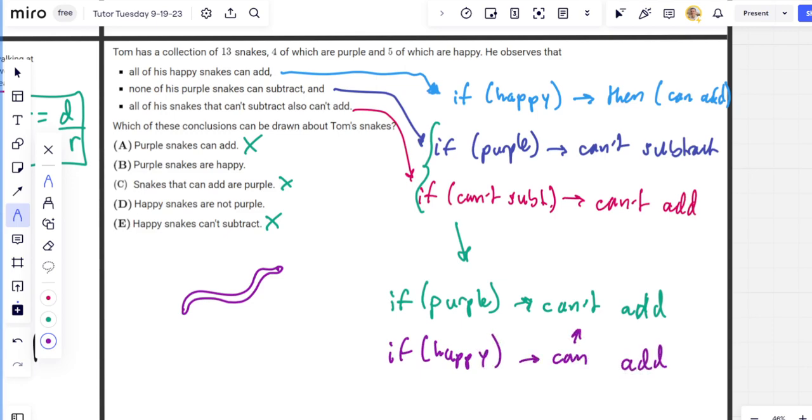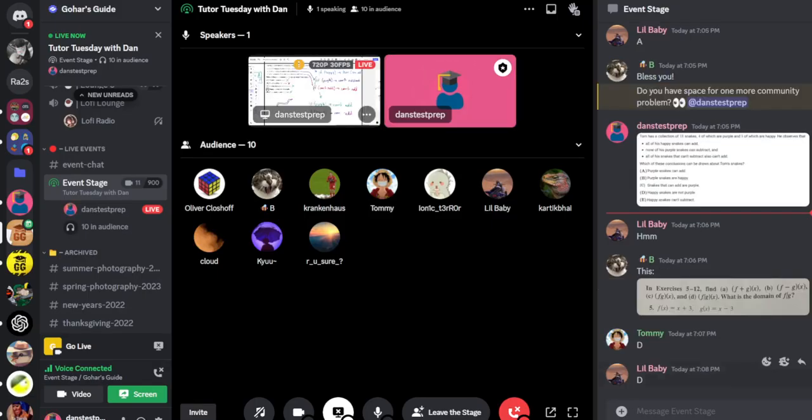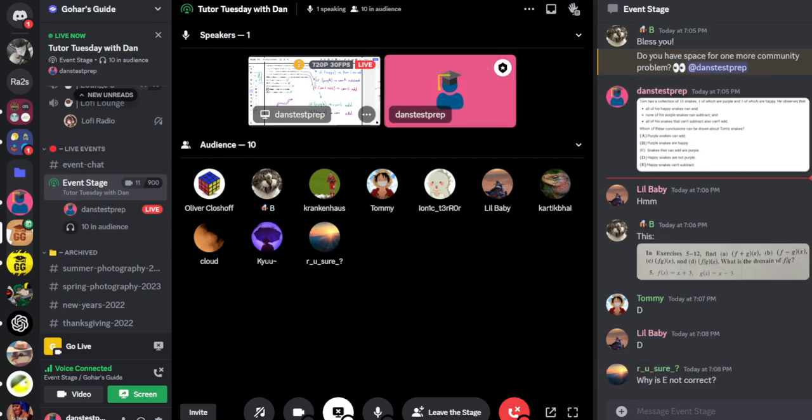These two directly contradict each other. You cannot be purple and happy at the same time. So I'm going to cross out answer choice B, and say yeah, if you're a happy snake, you can obviously add. Therefore, you're not purple, because if you're purple, you can't add. That would cause a contradiction. Yeah, answer choice D. Exactly.